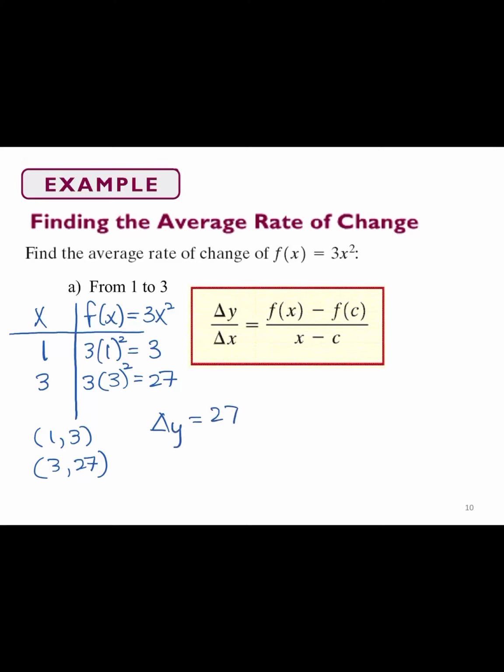You have 27 minus 3 over the change in the x values, 3 minus 1, equals 24 over 2 equals 12. So the average rate of change is 12 changes in y for every 1 change in x.